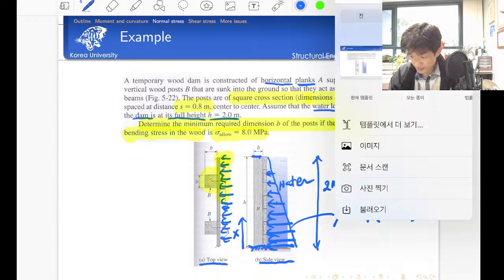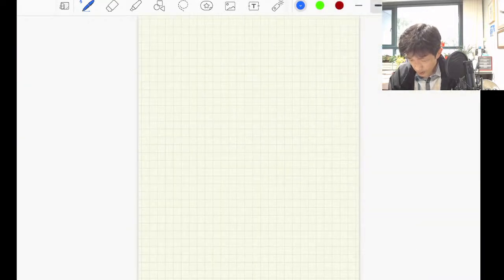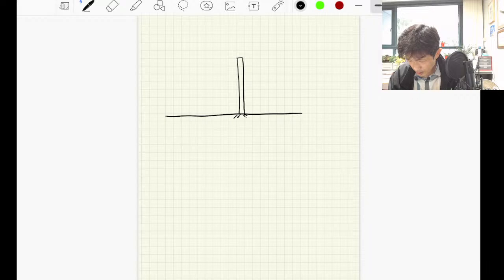Now let's talk about the dam problem a little bit more. Let's imagine that we have a dam. Okay, this is a dam. If you consider the distribution of the pressure, it should be resisted by the horizontal force here on the bottom, and the bending moment.